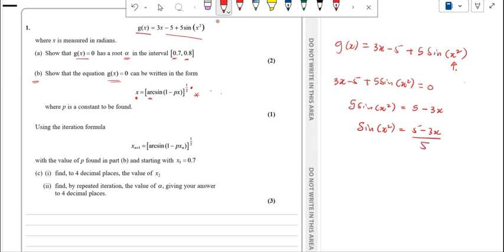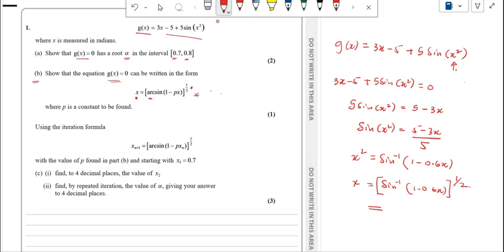Then you take the sine inverse, and then you can also simplify. So you have x squared equal to sine inverse, or sine minus 1, or arc sine of 1 minus 0.6x. So you have x equal to the square root of sine inverse of 1 minus 0.6x, all of it, because to get the square root of all of it, which is a power of a half.